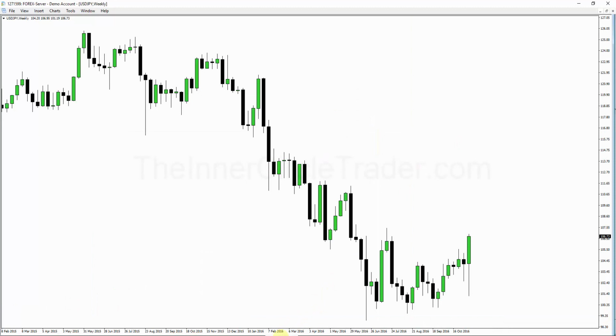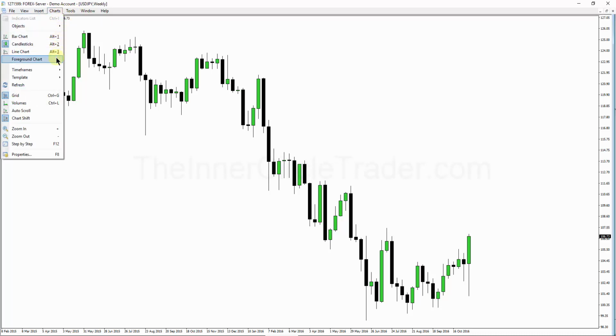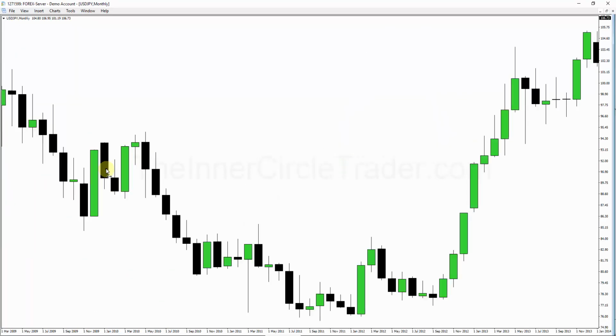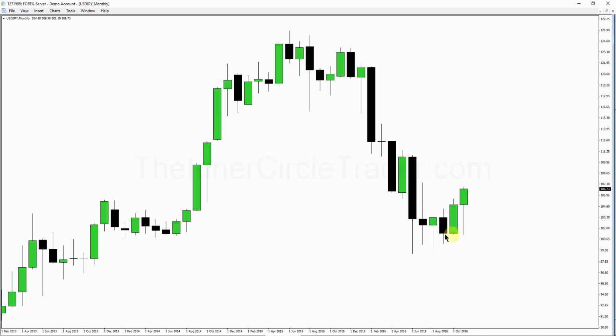Let's look at this same example of study on a US Japanese yen pair. We have the most recent down candle here. And prior to this down candle, you have to have a candle that's higher than the candle's high, which is 104.35.